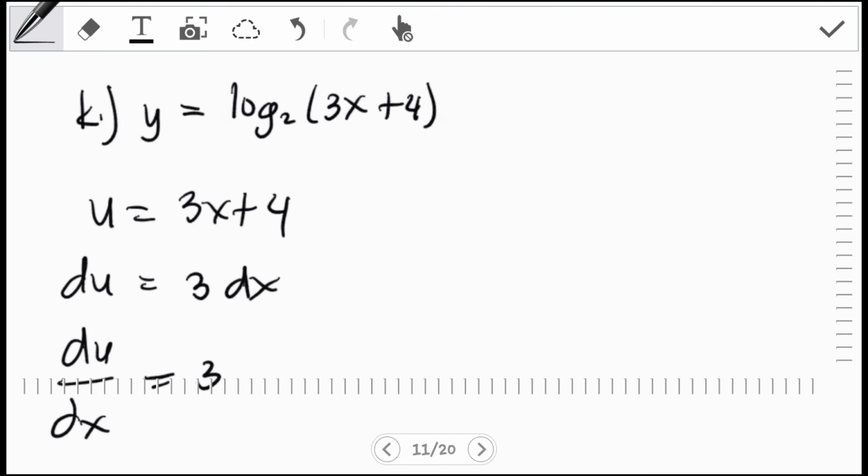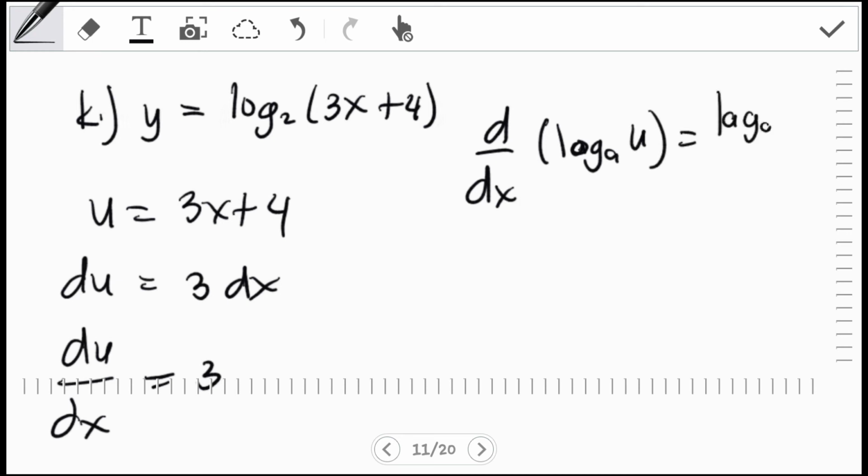So take note, another formula for the differentiation of the logarithmic function: d over dx of log base a of u is equivalent to log base a of e times du over dx, over u.